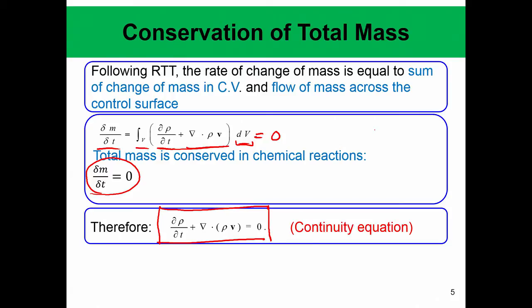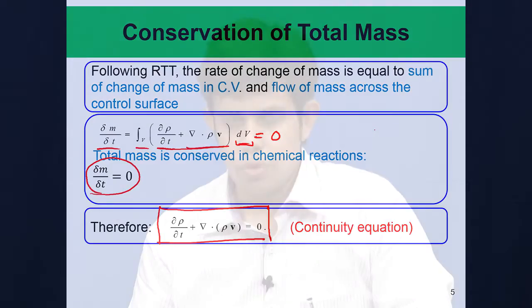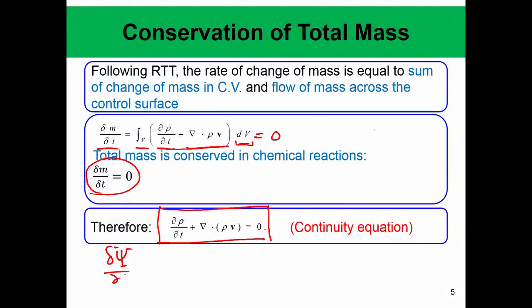Alright. So just to recap what we did, because this is so important for understanding the other things, I will repeat it again. We just applied the Reynolds transport theorem, d capital Xi dt is equal to the integral over volume of partial xi partial t plus divergence of xi v vector, times dV, okay.